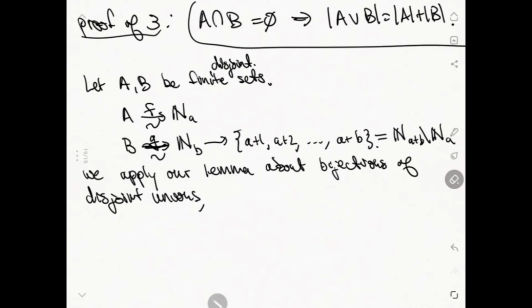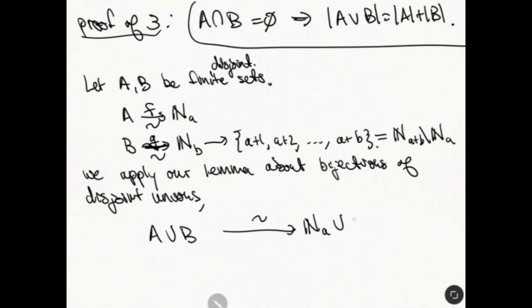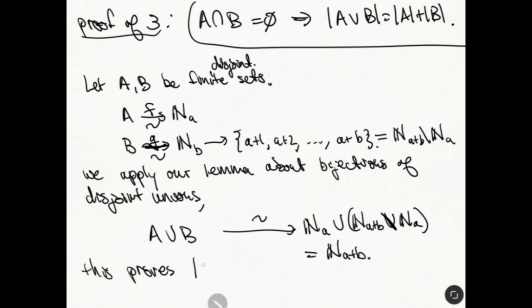So we have A union B. This is in bijection by the lemma with these two disjoint sets, n sub A union n sub A plus B set minus n sub A. And this is actually equal to n sub A plus B. Okay, and this proves that the cardinality of A union B is equal to A plus B, which were the cardinality of A and the cardinality of B by these two things.